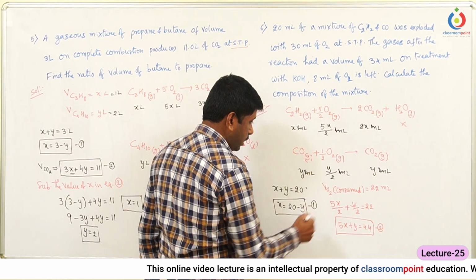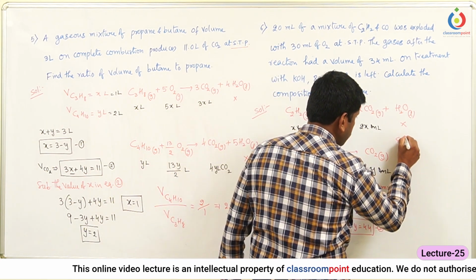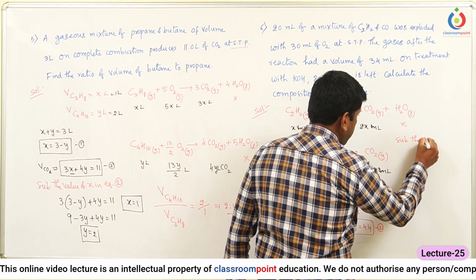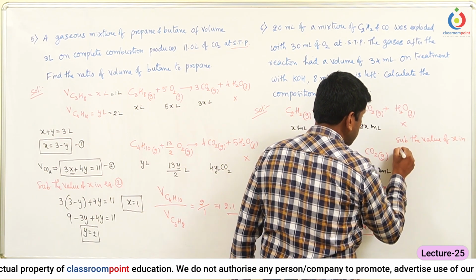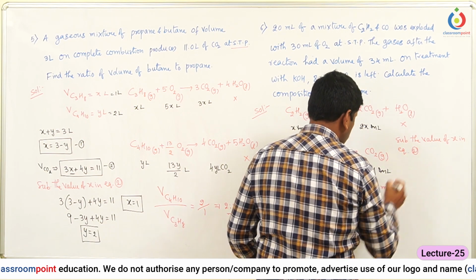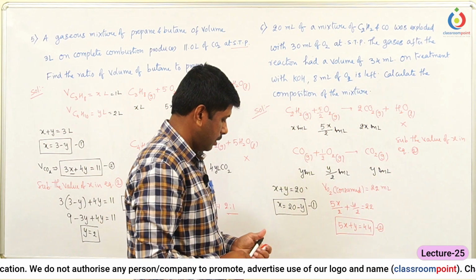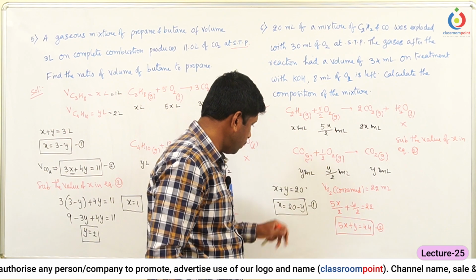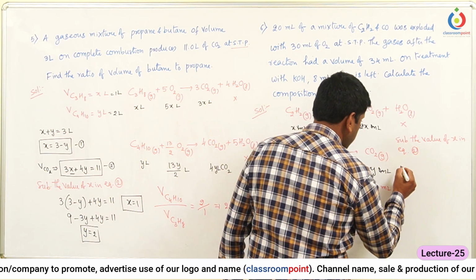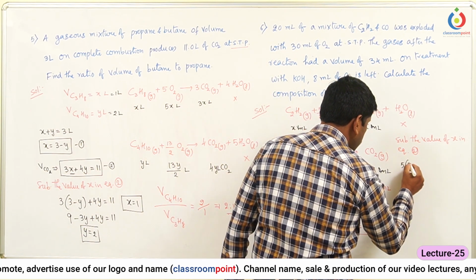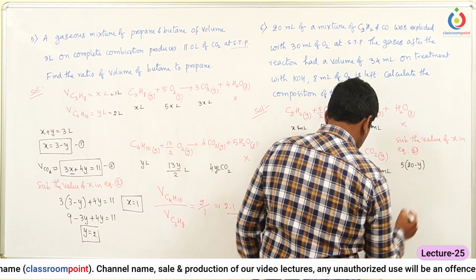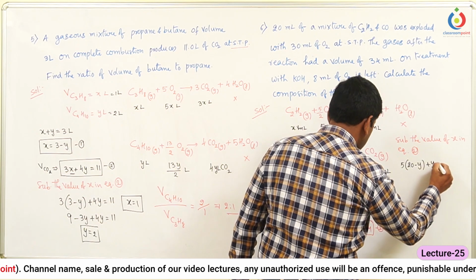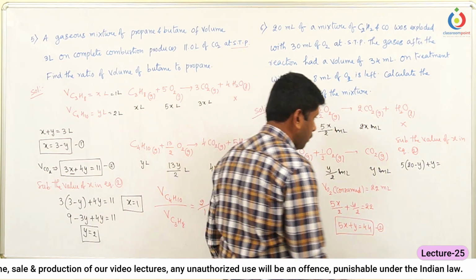Substitute the value of x in equation 2. So that we get 5 into (20 minus y) plus y is equal to 44.